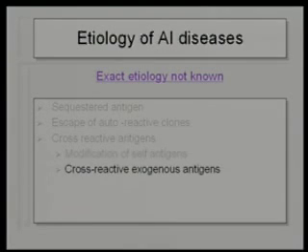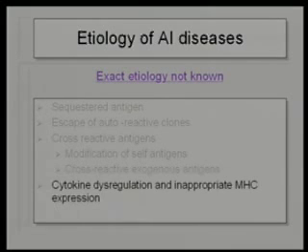Exogenous antigen, the same thing I already talked to you about. Cytokine dysregulation and inappropriate MHC expression. MHC that can recognize certain epitopes on foreign proteins, foreign antigens, can stimulate T cells in such a way that they help the B cells to produce antibodies against self.